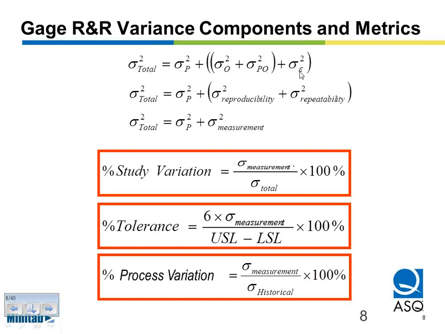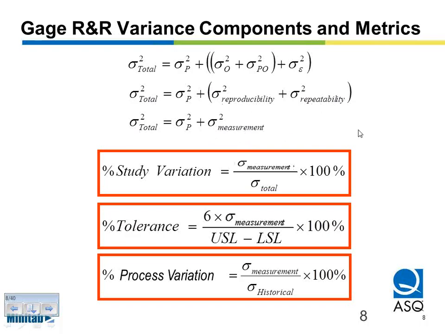So here we see this equation as what the analysis of variance table is going to break down when we break down those variance components. Of course, we combine these and give them certain names. We call them the repeatability and the reproducibility, and then finally the total measurement variation is the sum of the reproducibility and the repeatability that we call sigma squared measurement.